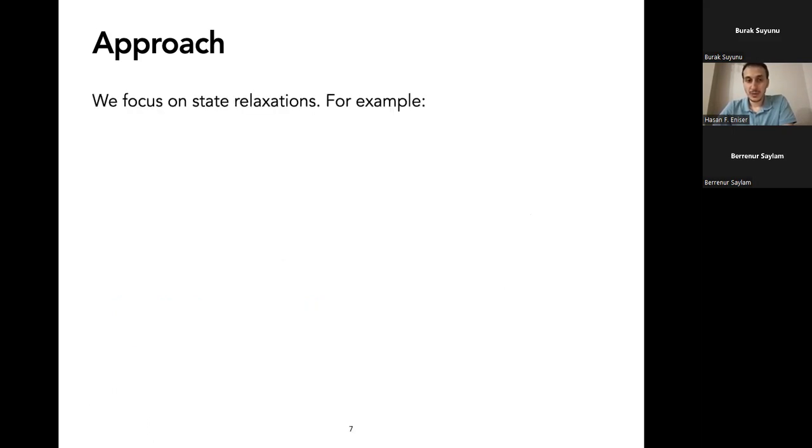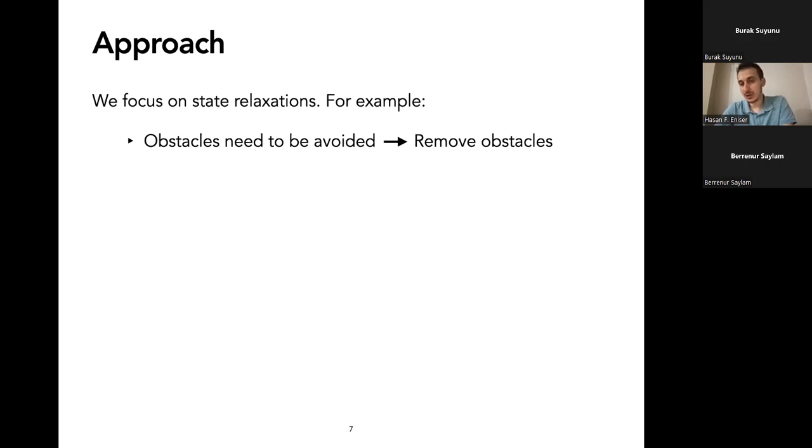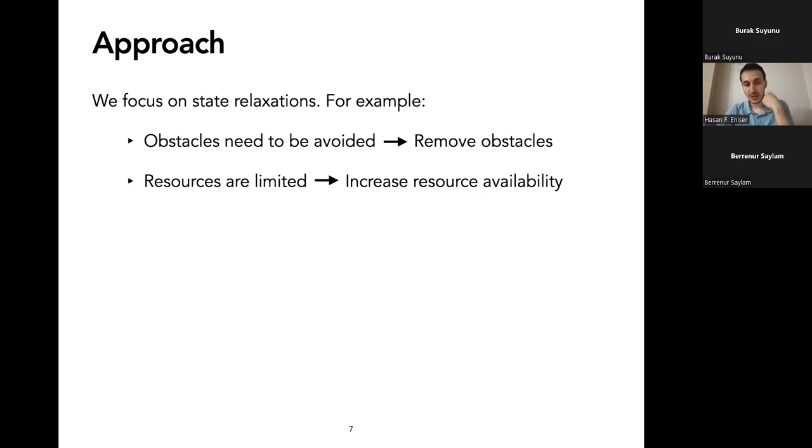In this work, we focus on state relaxations. For example, given a state, if obstacles need to be avoided in the environment, we can remove obstacles in the state. If the resources are limited, we can increase the resource availability, or if there are time constraints, we can postpone the deadline.